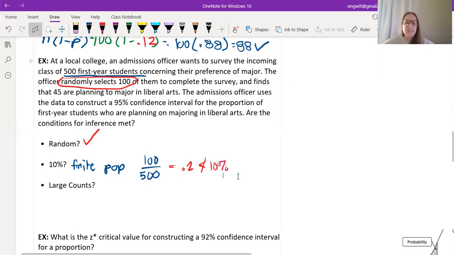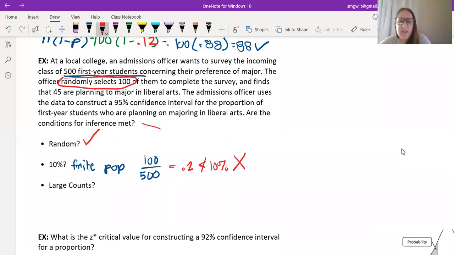So this does not meet that condition of 10% of the population, which means that no, the conditions for inference are not met. So I don't need to check the large counts because it doesn't meet the 10% of the population condition.